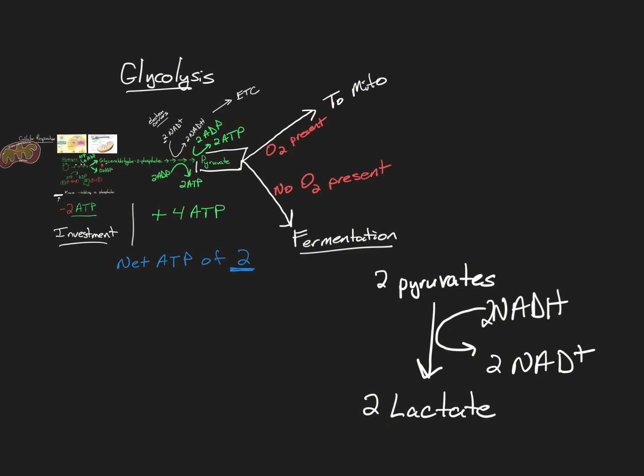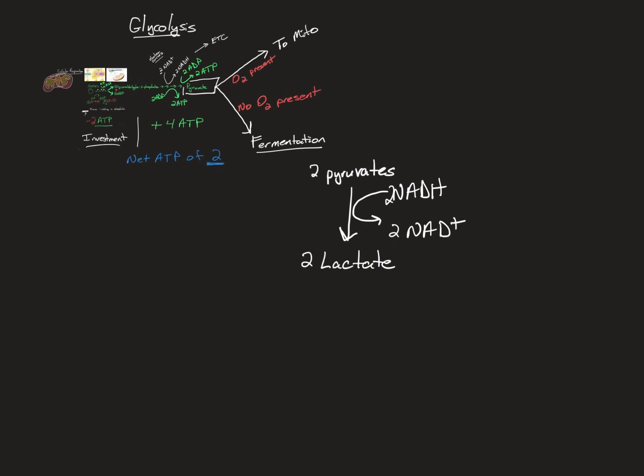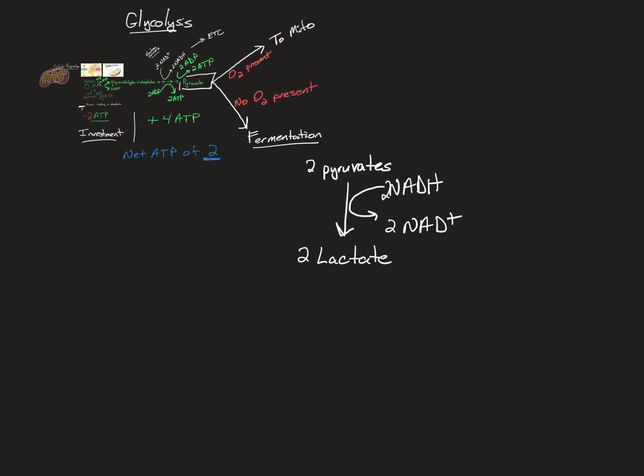And lactate turns into lactic acid, and you can't have too much lactic acid in your body. Not only is it bad that you're not making enough ATP, you're just making enough to barely stay alive, you're also producing lactic acid, which is not very good for you.